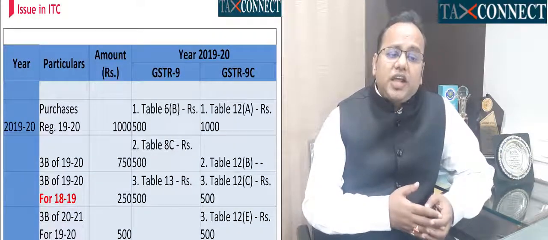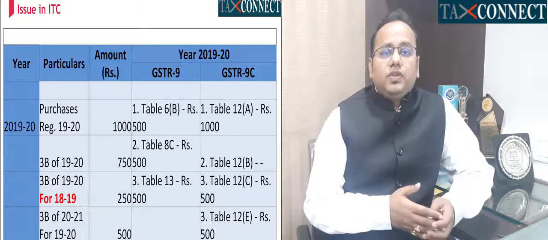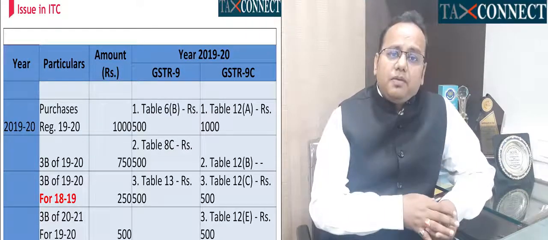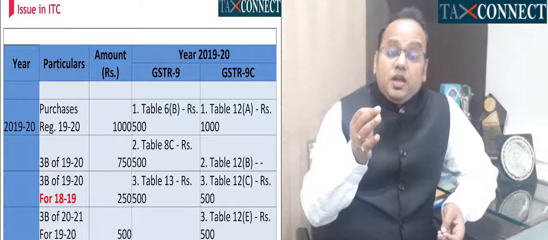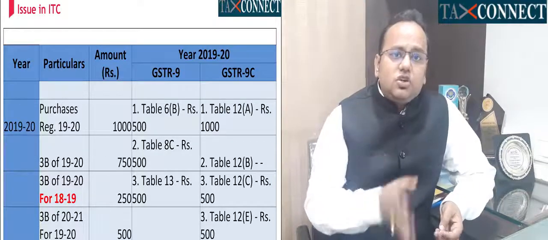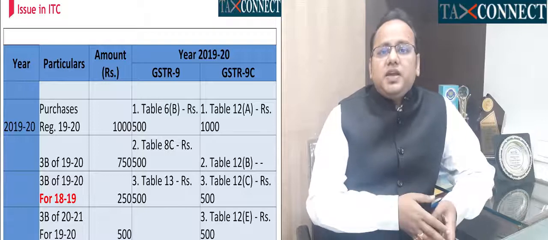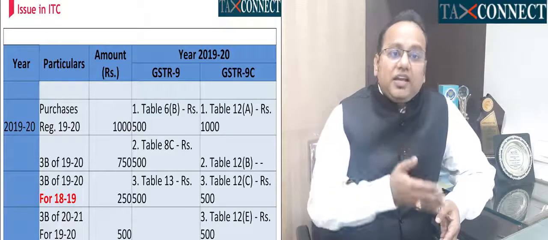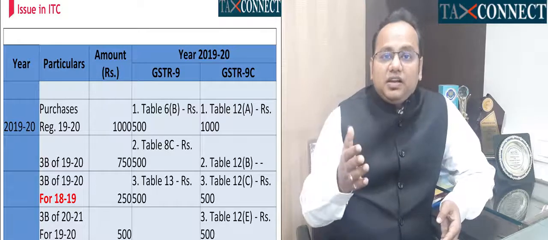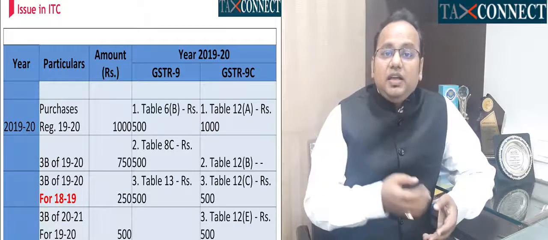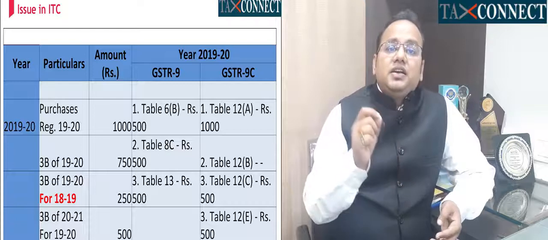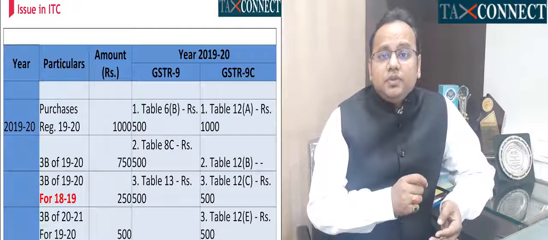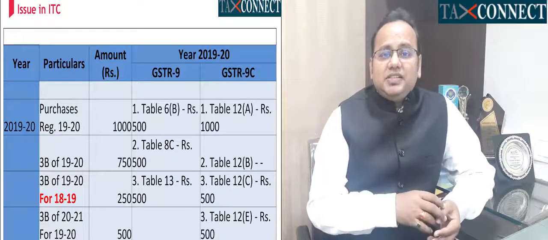Similarly, for input tax credit also, as we have discussed in the earlier example for table number 8, many taxpayers had taken a call that any credit of 18-19 taken in 19-20 was shown in row number 6M, under any other ITC.